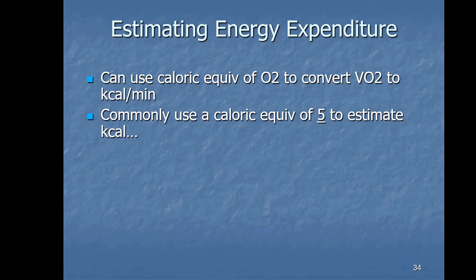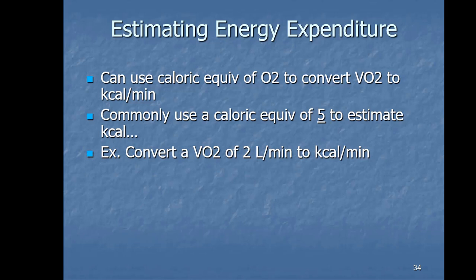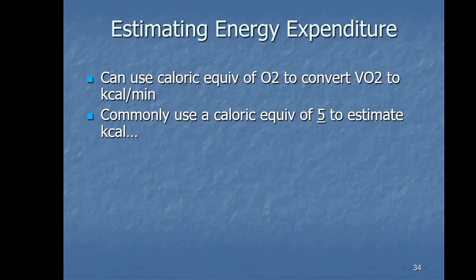However, that's not realistic in most cases, so we just use a caloric equivalent of 5 in a lot of cases. You could use 4.85 if you want to do somewhere in the middle, and some people do that, but 5 is a nice round number, so we're going to go with the caloric equivalent of 5, and there is justification for doing that.